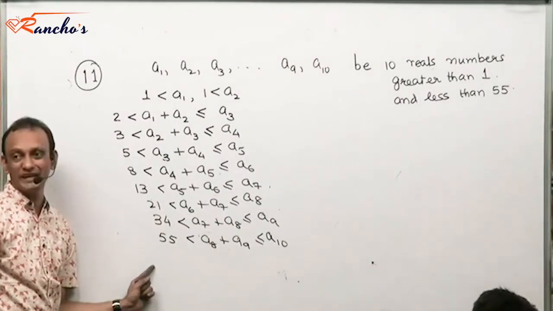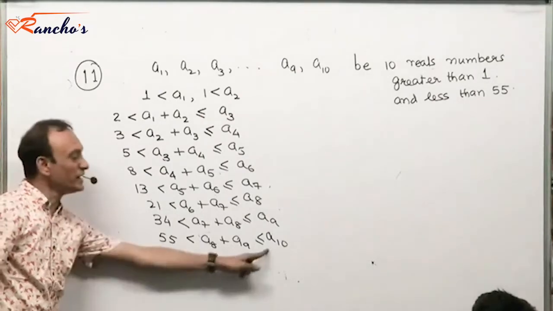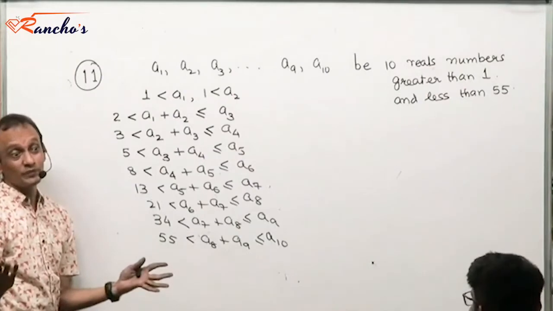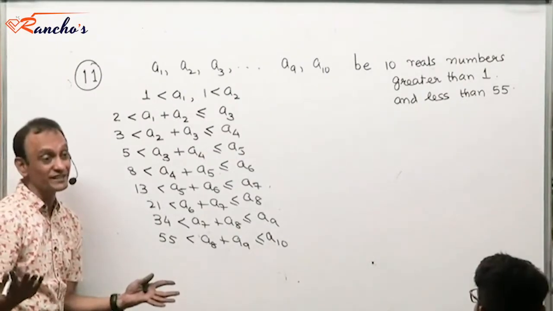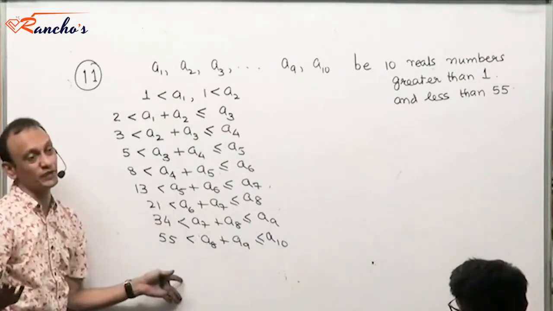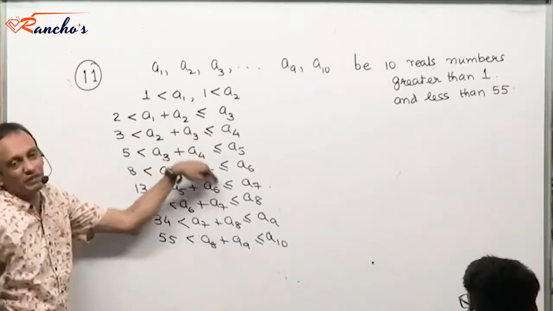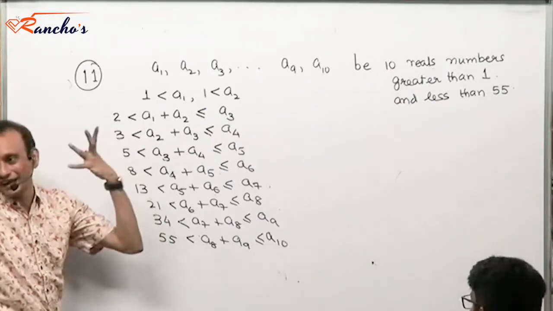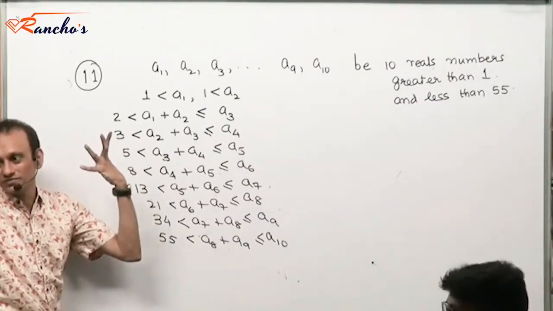But none of the numbers should be greater than 55. So A10 turns out to be greater than 55, which cannot happen. So it leads to a contradiction. Therefore, not all these should be true. At least one inequality should be in a different direction, and for at least one triplet, there should be a triangle constituted. Yes or no?